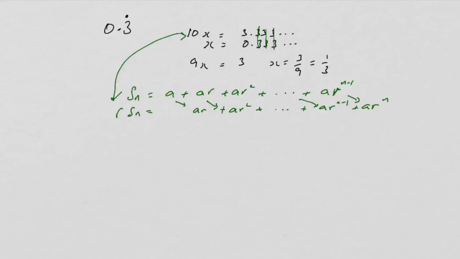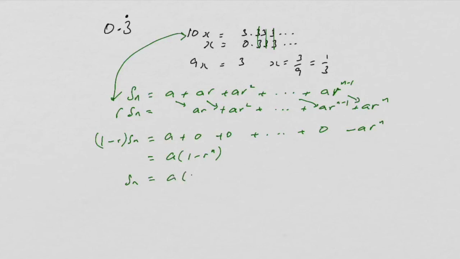And then when we subtract, on the left hand side we have 1 Sn, take away r Sn, and on the right hand side we have a plus naught plus naught plus dot dot dot plus naught, and then minus ar to the n, because we're subtracting that from nothing. This then tidies up to a times (1 minus r to the n), and then we get our final form, a(1 minus r to the n) over 1 minus r.